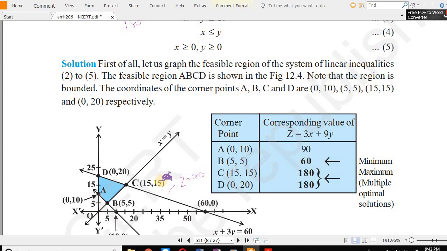If I plotted it for z equals 0, that would be down here. It would be a parallel line, parallel to this line here, but just has a different intercept. As I vary z, these lines where z is a constant will vary through the region. If I wanted z equal 360, that would be somewhere up here.